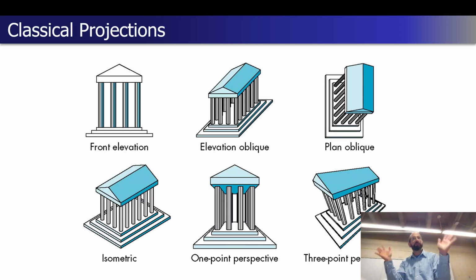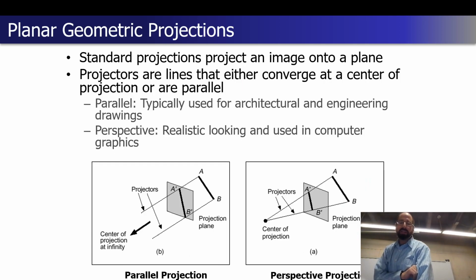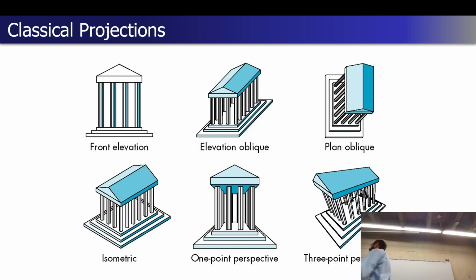Here are some examples, and I won't bore you with all the taxonomy of classical projections. What you should be able to tell in looking at this, although I didn't formally say it as such, is which of these are parallel projections and which are perspective projections. One way you can determine this, although this is just an image in the first place, is that it's a parallel projection if lines of parallelism that you'd expect to be there in the actual object are still all represented in the render, the two-dimensional view of that object.